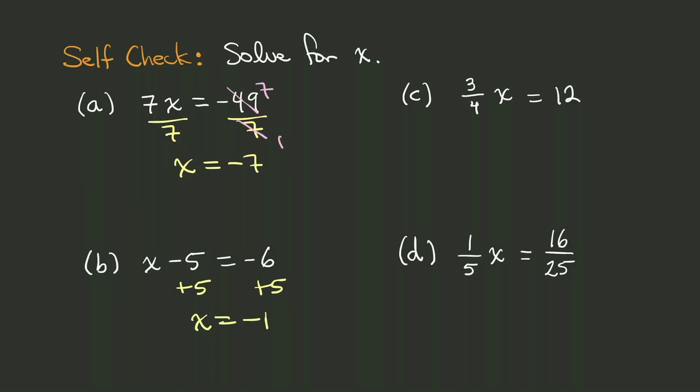In part C, we have 3/4 x equals 12. We know that to undo multiplying by 3/4, we would need to divide by 3/4 or multiply by the reciprocal of 3/4, which is 4/3. So I'm going to multiply both sides by 4/3.